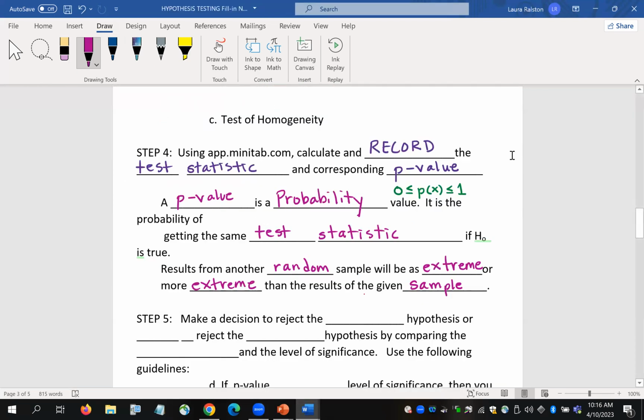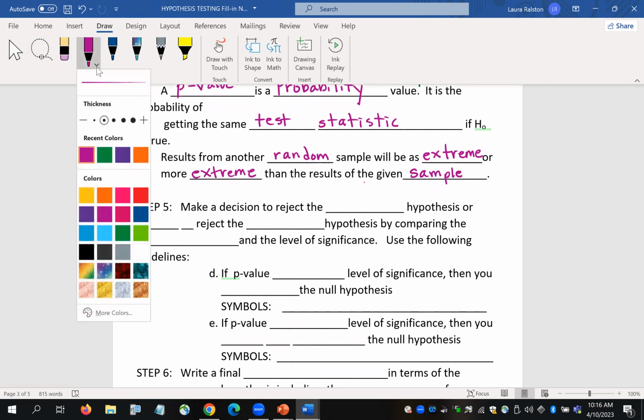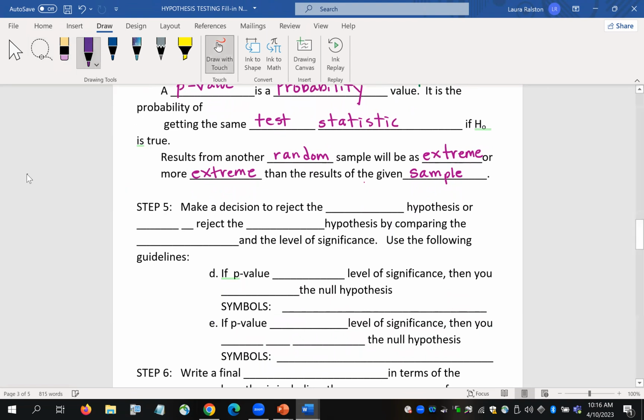Okay, so after we have gathered our evidence and it's presented, then we have to make a decision. It's like, again, thinking about the jury trial, we assume that the defendant is innocent until proven guilty. The prosecutor presents their evidence. The defense presents their evidence.